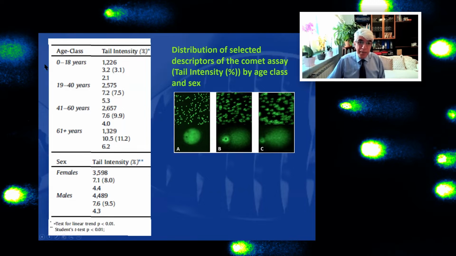For a subject between 0 and 18 years, let's talk about the mean, is 2, 2.1, you go to 5.3, 4.0, and the people over 61 have a mean tail intensity over 6, which is about 3 times the youngest group.